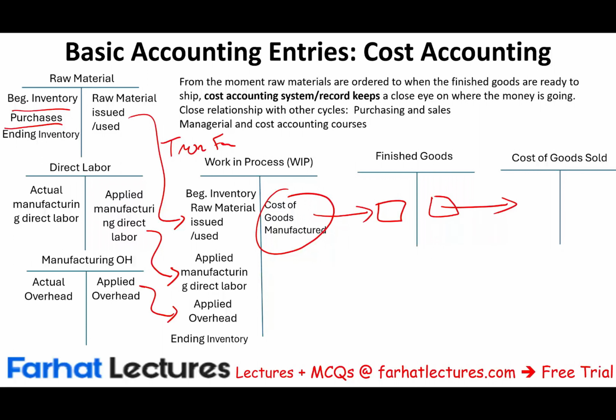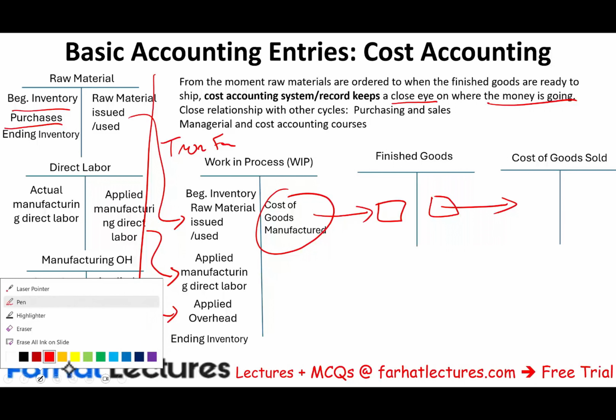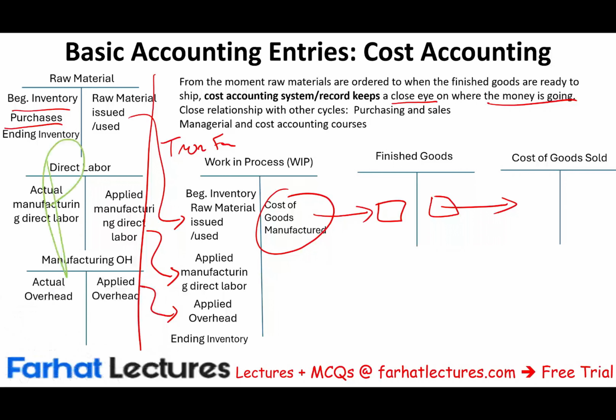So when we are doing this transfer from raw material, from direct labor, from manufacturing overhead to work in process, we need to keep track. We need a cost accounting system that keeps a close eye on where the money is going, where the asset is going. And notice there's a close relationship between this cost, the inventory cycle, and the purchasing and sales, because initially here we make the purchases and here we make the sale.